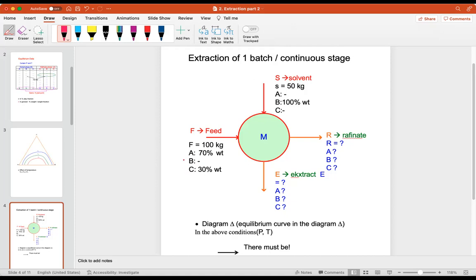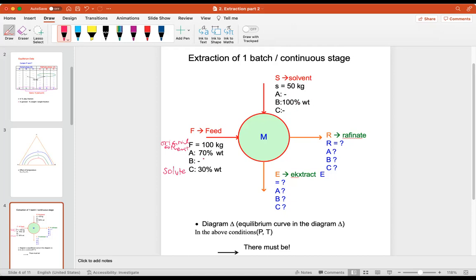So here I'm just going to write it. This is the solute. This is the original solvent. Okay, and let's contact them with the solvent, and the solvent means only containing B. There is no C, there is no A, it's just the other typical extractor.